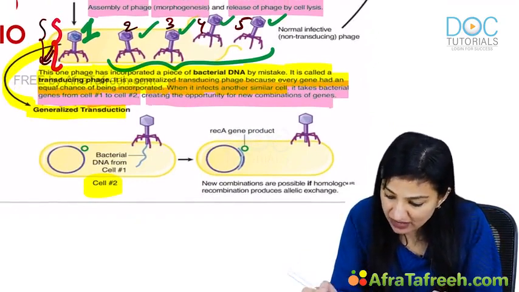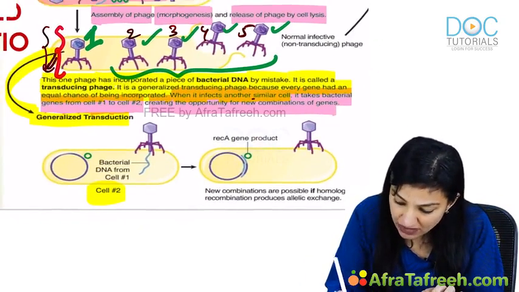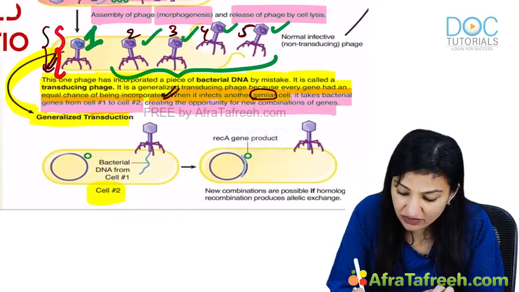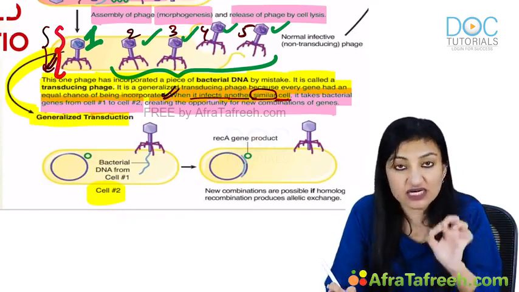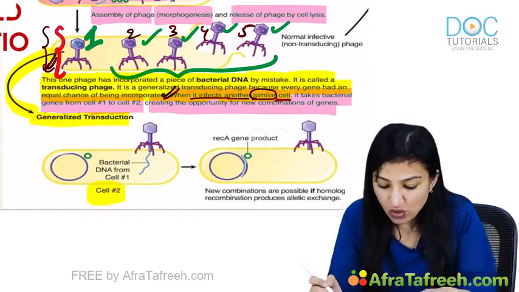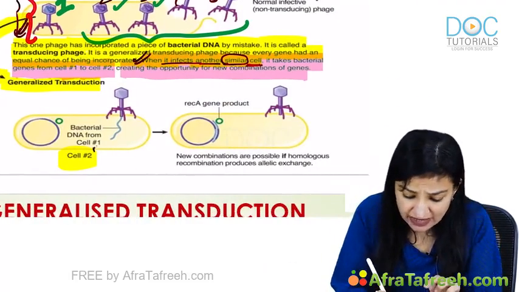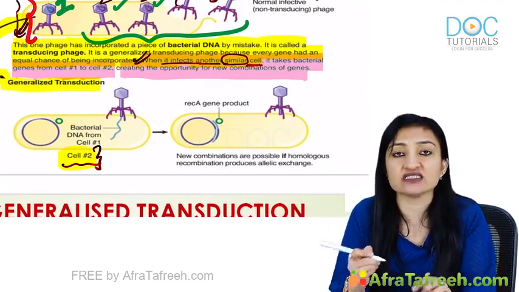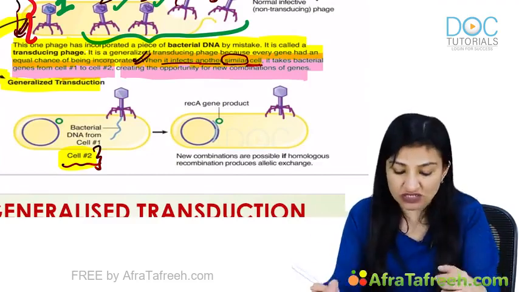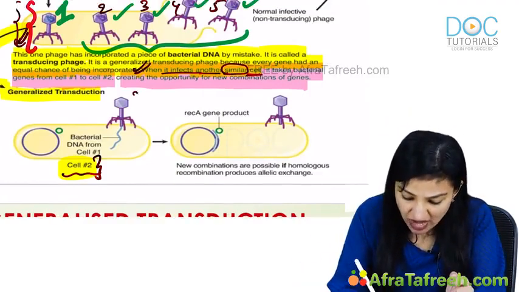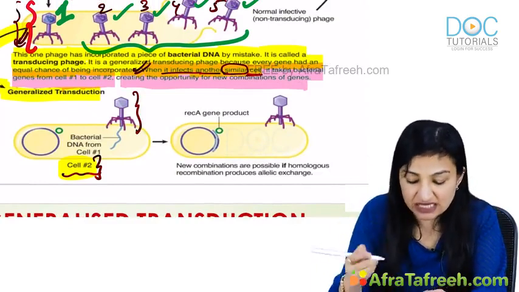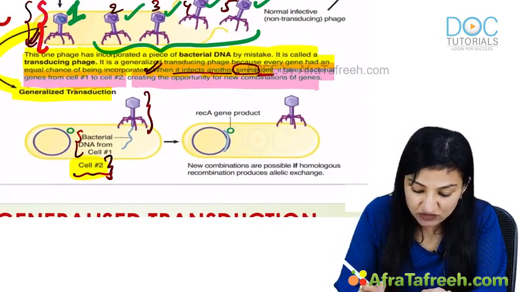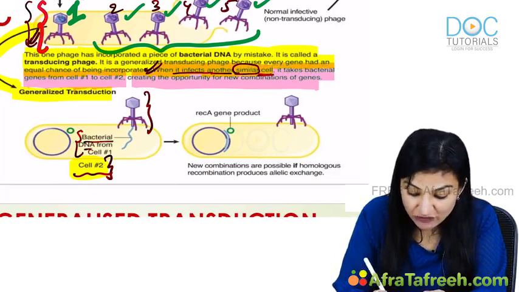Now let me underline the word similar. When this phage infects another similar cell, the word similar is important over here because let's say cell 2 is similar. Similar in what sense? Similar in terms of homology of genes. So this phage has now injected its DNA, which is actually the bacterial DNA from cell 1.